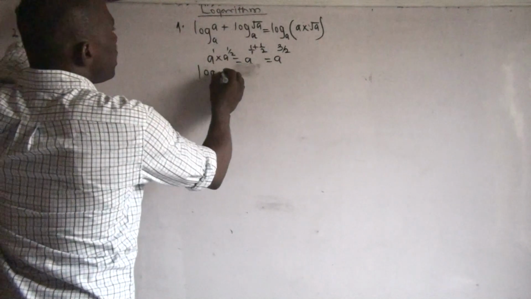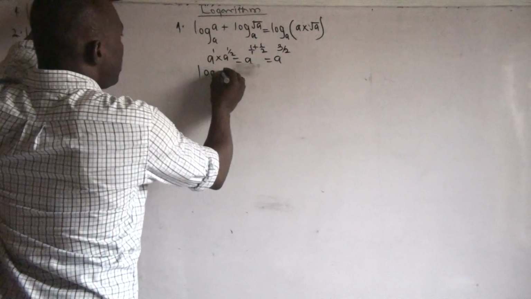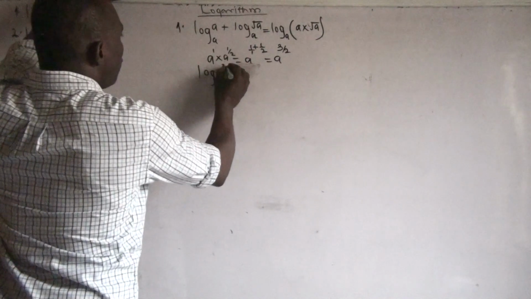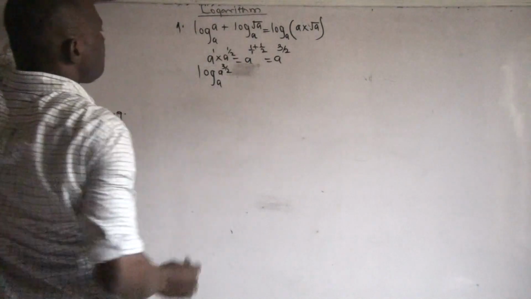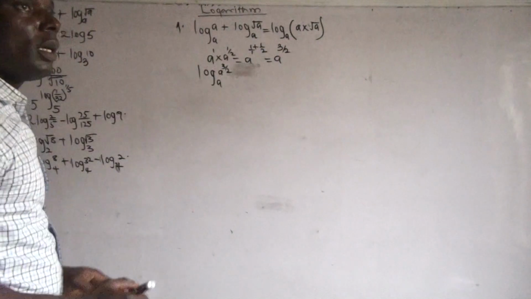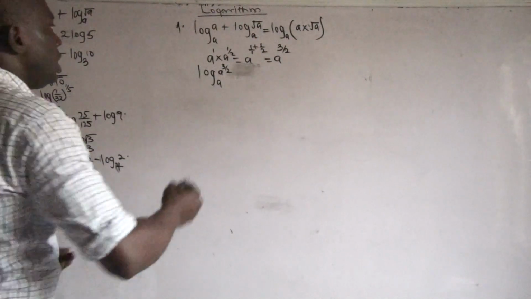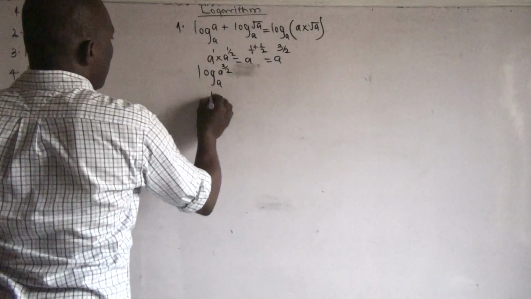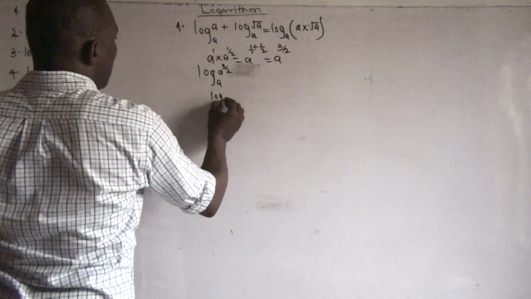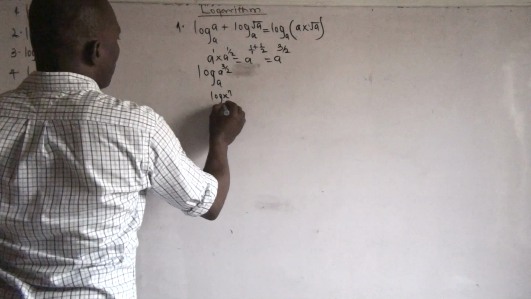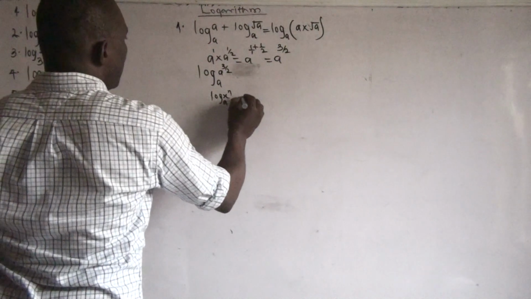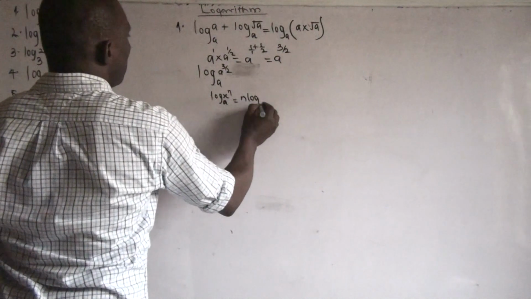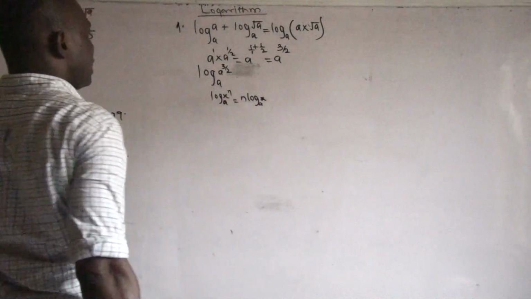Then let's put it in this equation here in the question on the right hand side. This is log to base a of a raised to power 3 over 2, and from one of the laws that we discussed, if we have a log x raised to power n base a, it means n log x to base a.